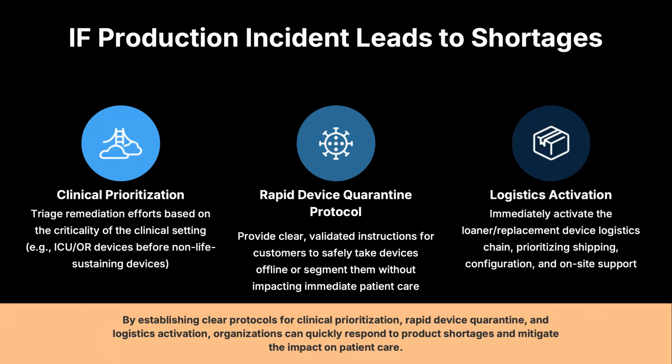So if you have an incident that leads to a shortage, I think there's three major first steps, right? Clinical prioritization, really understanding the clinical setting and what you need to support first and foremost to make sure patient care can still be safely delivered, is the first step. The next one is whatever quarantine protocol you have in place, where Axel alluded to this, right?